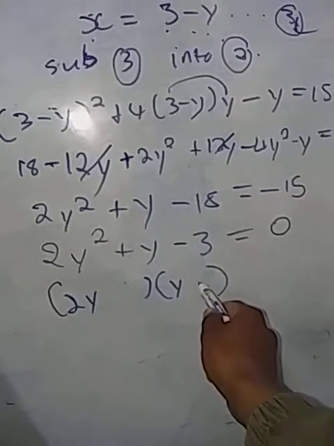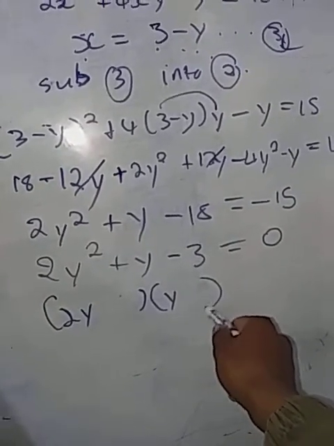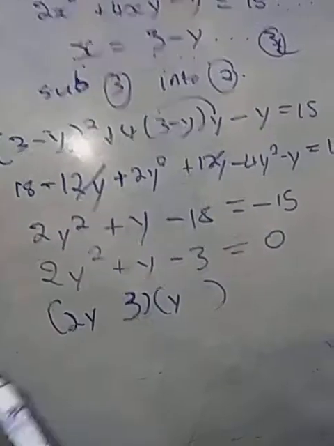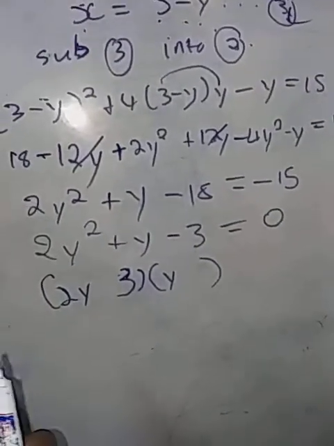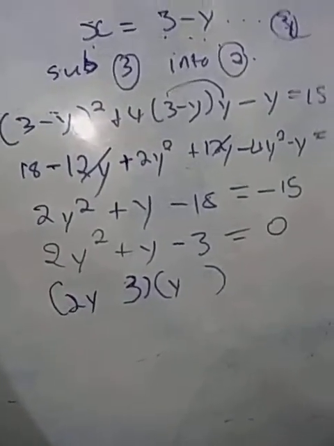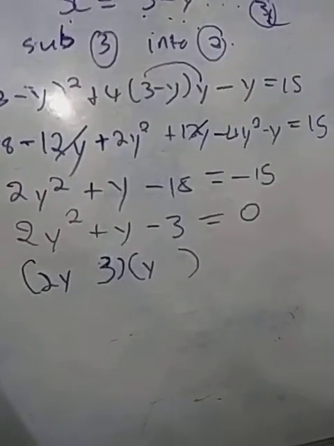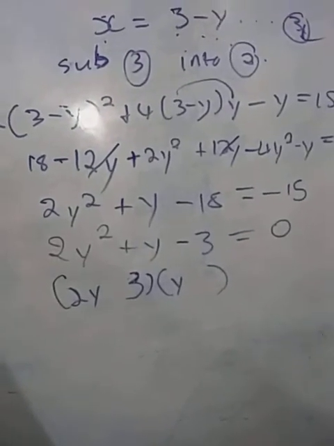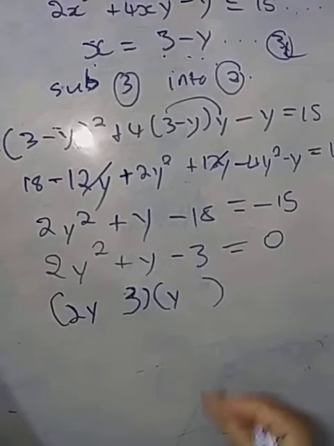Therefore, obviously your 3 won't be in this bracket, but it has to be in this bracket. But after putting this 3, you realize that the 2y minus y idea is no longer working. But you don't clear up everything that you have. You still have this one.